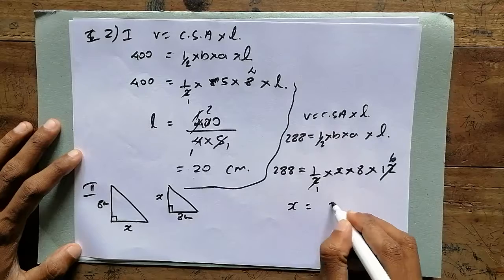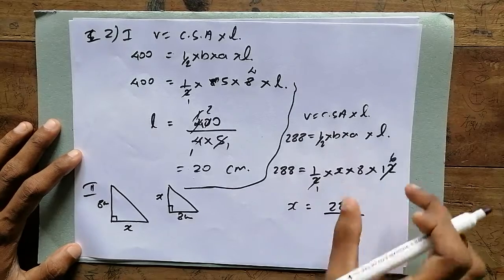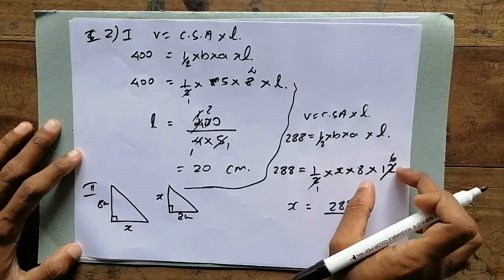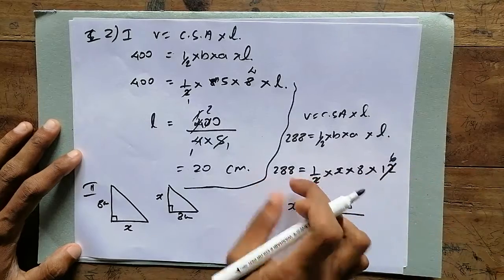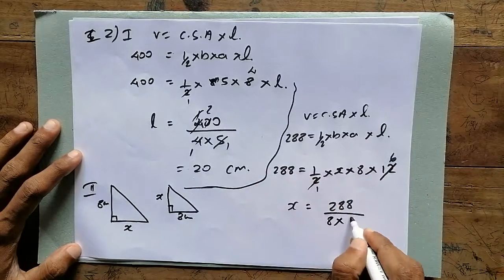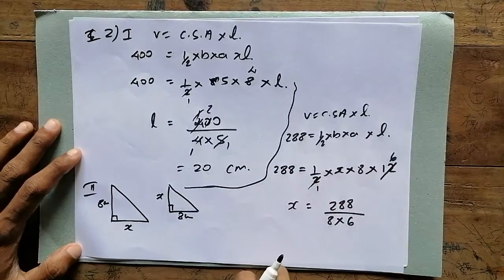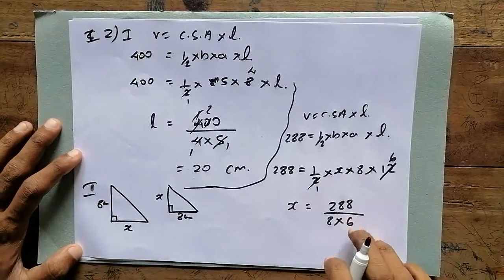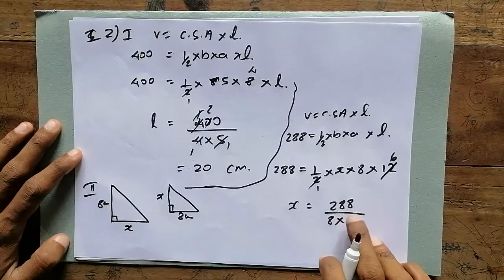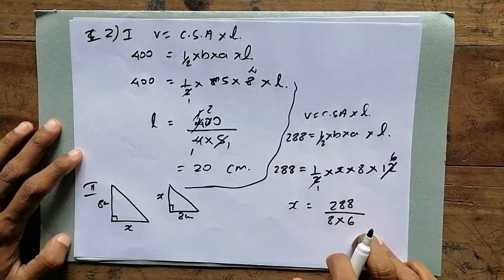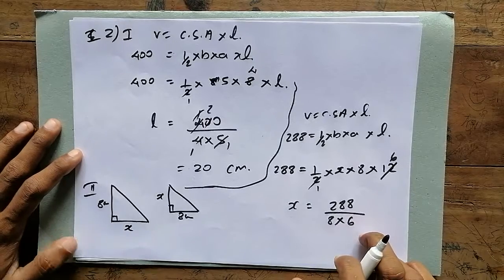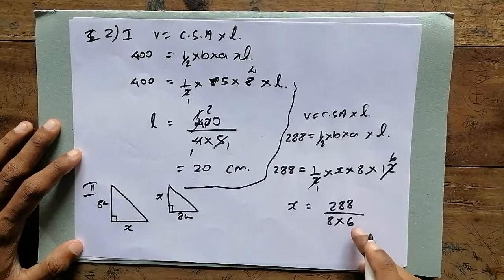So x equals 288. Those are multiplying with this x, so if you send them, they will divide. So 8 times 6. You can consider the entire value 6 and 8, or you can start with the prime factors 2 and 3. I will start with the 6.